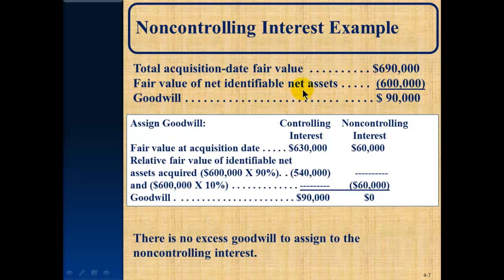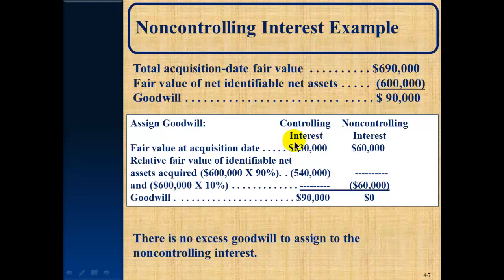Fair value of net identifiable assets is 600, and therefore we have goodwill of 90 for this entire acquisition date value. Now, how do we split it between our two columns of controlling interest and non-controlling interest? We say that the fair value at acquisition date is $630,000 for the controlling interest, and we'll take that 600,000 times 90% from the previous slide, the 540, and subtract that from the $630,000.